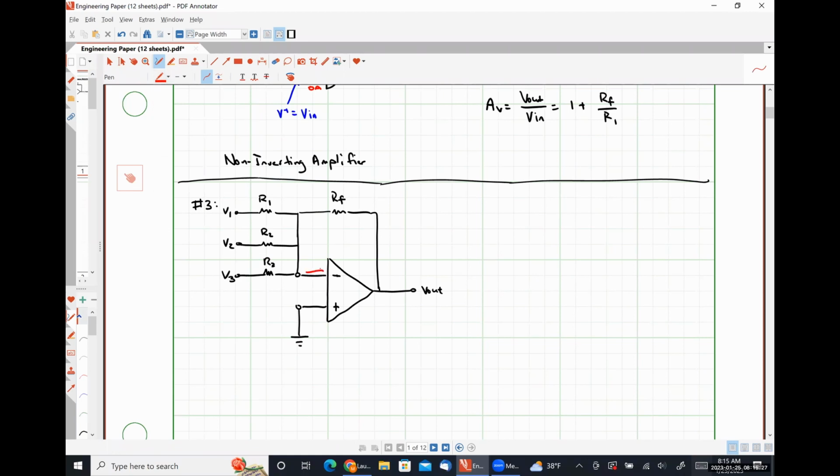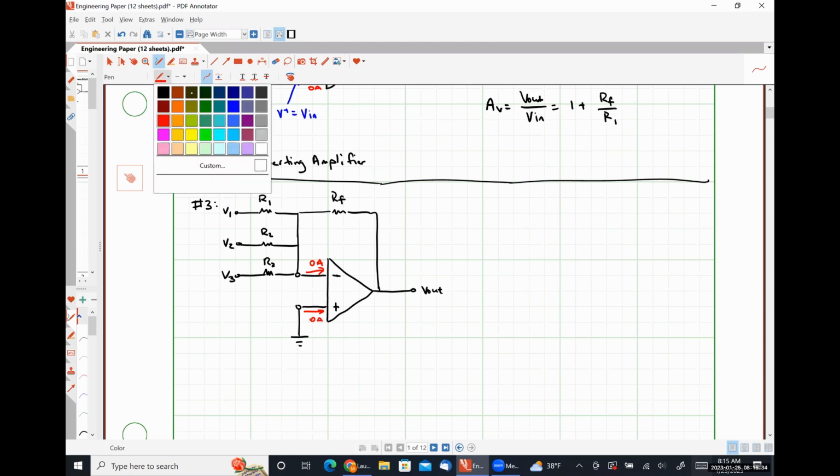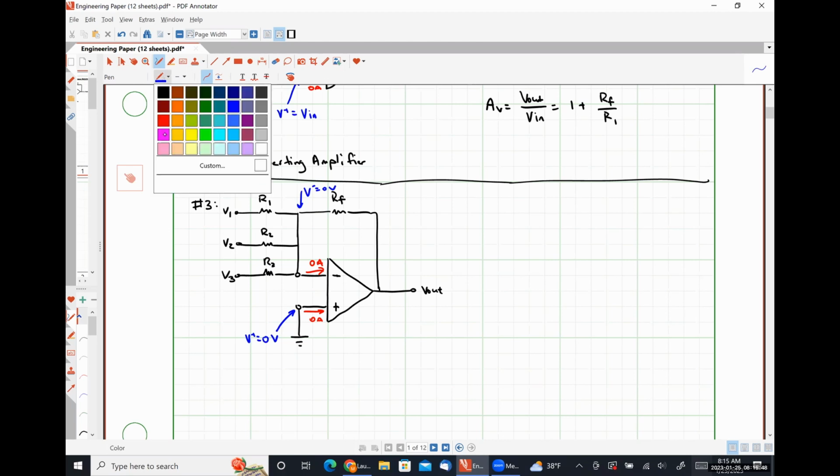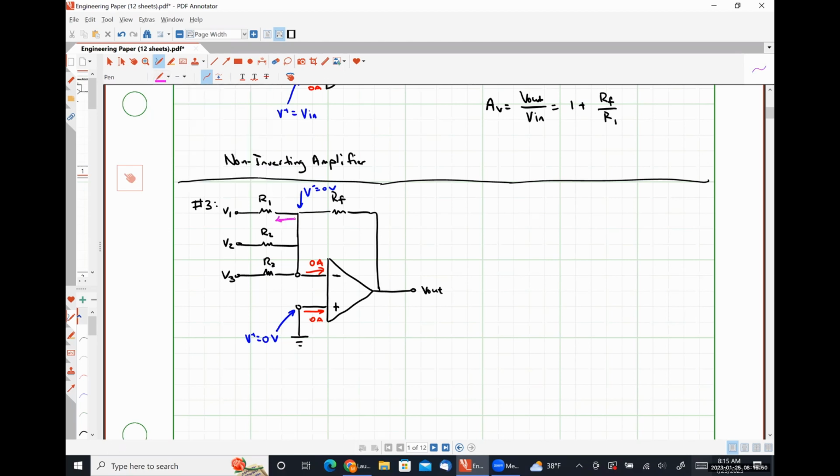So applying op amp rule number 1, we know that no current flows into or out of our input terminals. And our voltage at our non-inverting input terminal is 0 volts, which means the voltage at our inverting input terminal is also 0 volts. Applying Kirchhoff's current law at our inverting input node, we're going to add those 4 currents together.